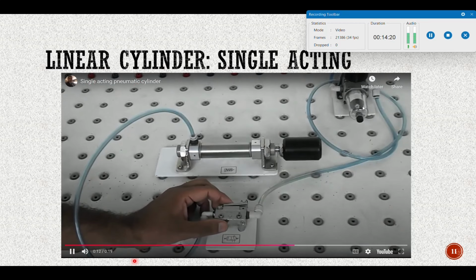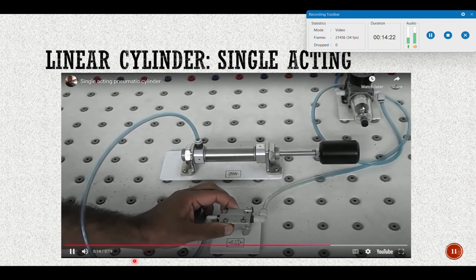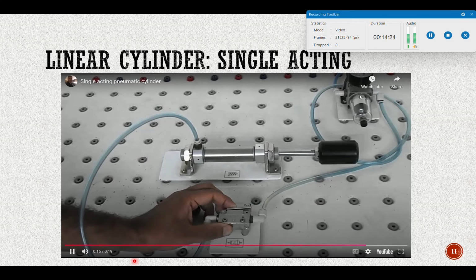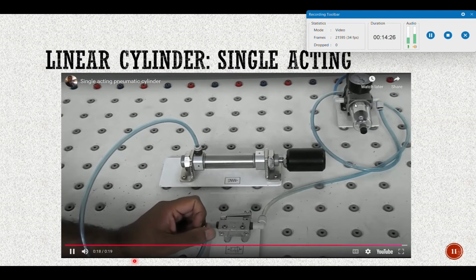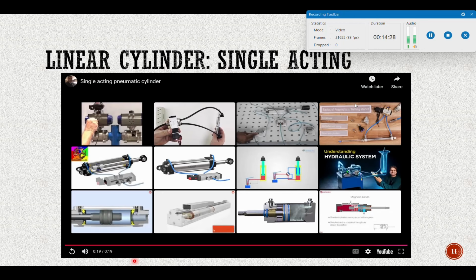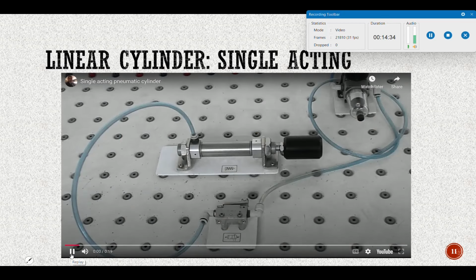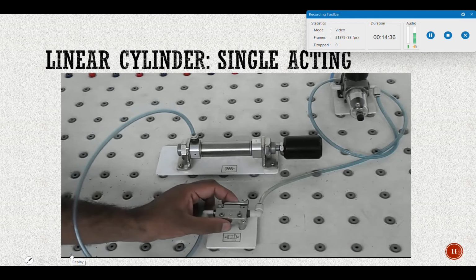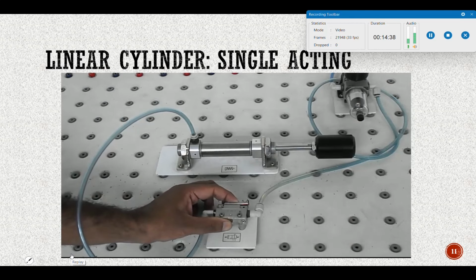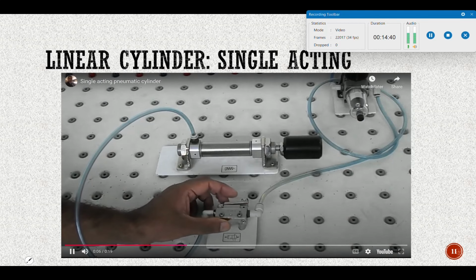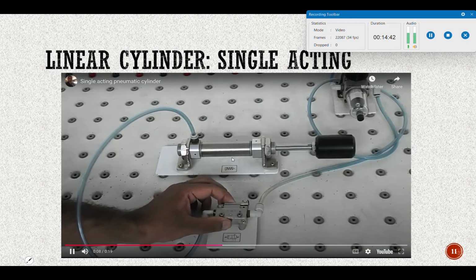And this is a filter unit, which should be closer to the actuators.